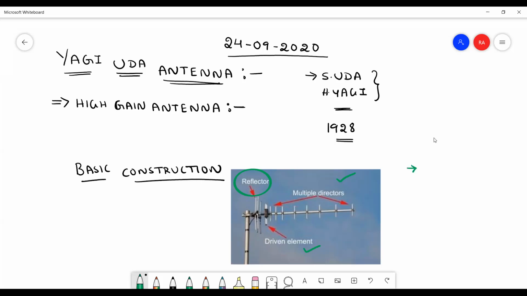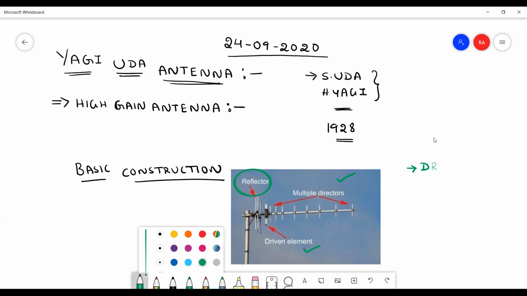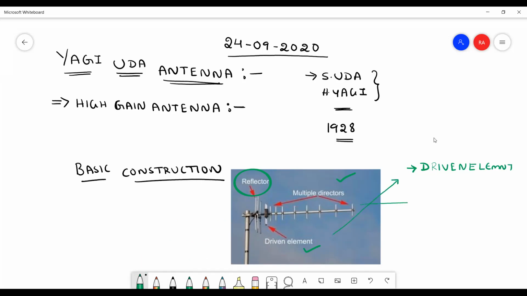It will consist of one driven element, multiple directors, and similarly a reflector.